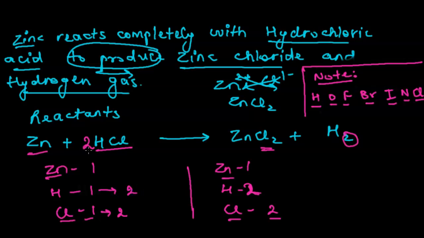Because whenever we put a number in front of the compound, it changes the elemental value for each element in that compound. So if H was 1 earlier, it is now a 2. I have both hydrogens as 2. I have both chlorines as 2. I have both zincs as 1. So finally I got my balanced equation.